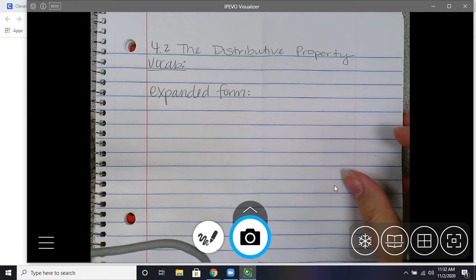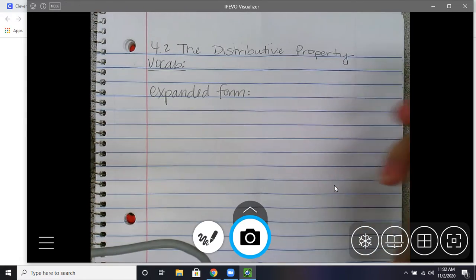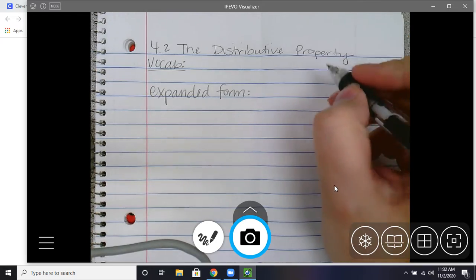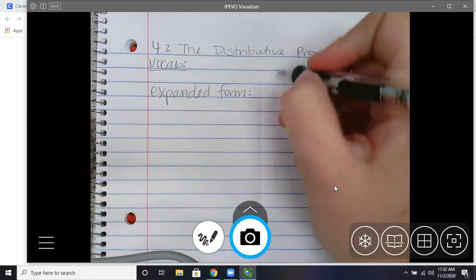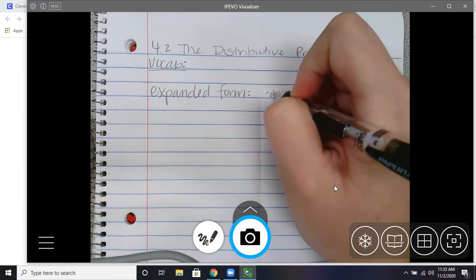So expanded form is an expression written as a sum of terms. That's the definition.